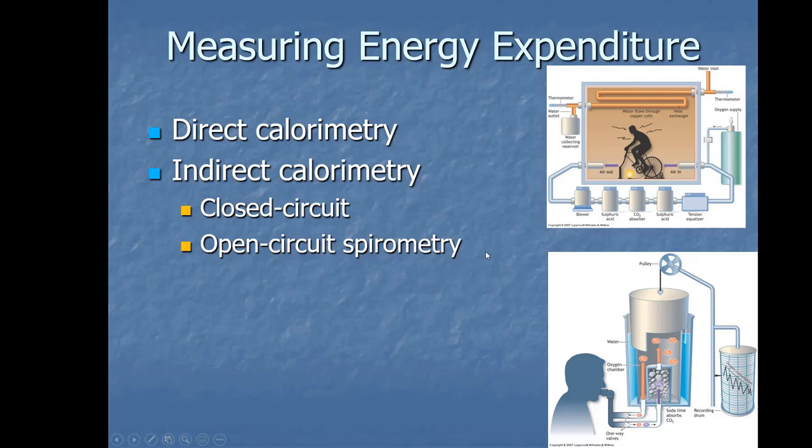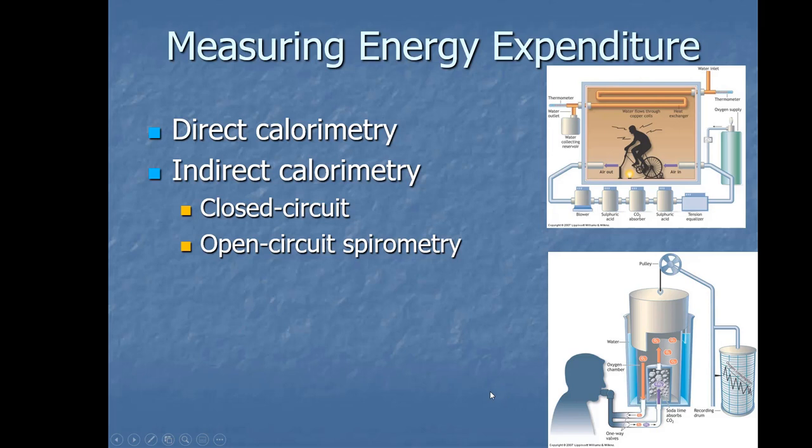Indirect calorimetry is where you measure oxygen consumption. There are two different subcategories of indirect calorimetry: closed and open circuit. Closed circuit spirometry is where you breathe in 100% oxygen, and then the gases that you exhale are analyzed for content. It's called closed circuit because it's a closed system, and you're breathing from an oxygen chamber, and what you're exhaling goes back into that chamber, and you can quantify the difference.